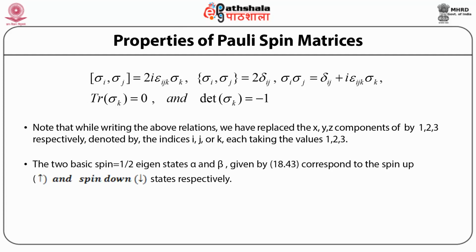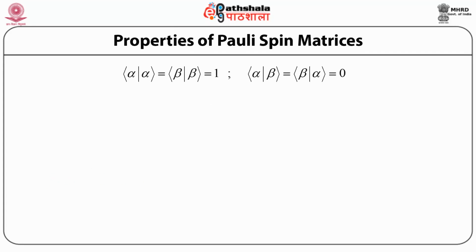The two basic spin equals half eigenstates alpha and beta given by equation 43 correspond to the spin up and spin down states respectively. They satisfy the orthonormality relations. The scalar product of alpha with itself is equal to the scalar product of beta with itself and is equal to 1. The scalar product of alpha with beta is equal to the scalar product of beta with alpha and is equal to 0.